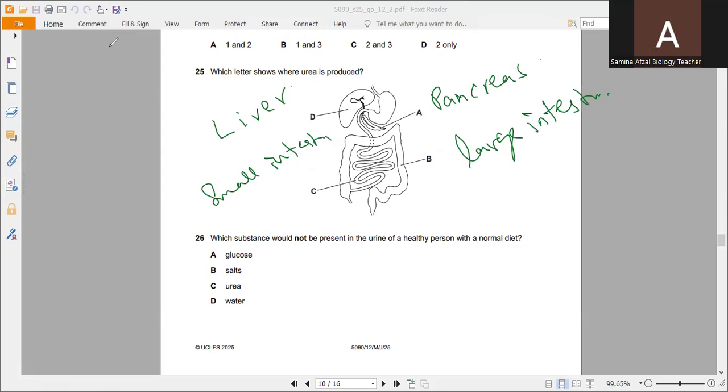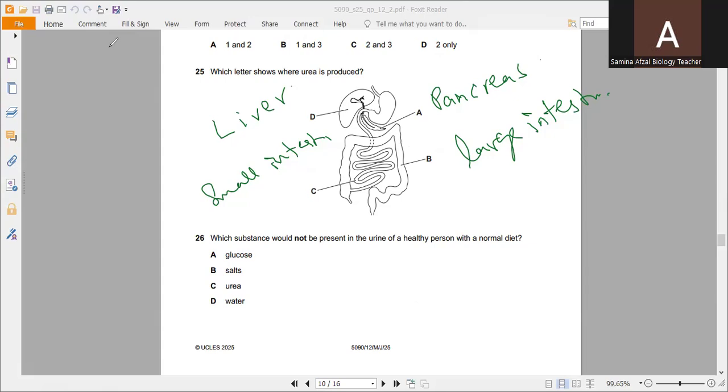So, you know, the pancreas secretes pancreatic juice. The small intestine helps in the digestion and absorption of food. The large intestine is involved in the absorption of ions and water. So, the liver is the part of the digestive system where urea is produced.